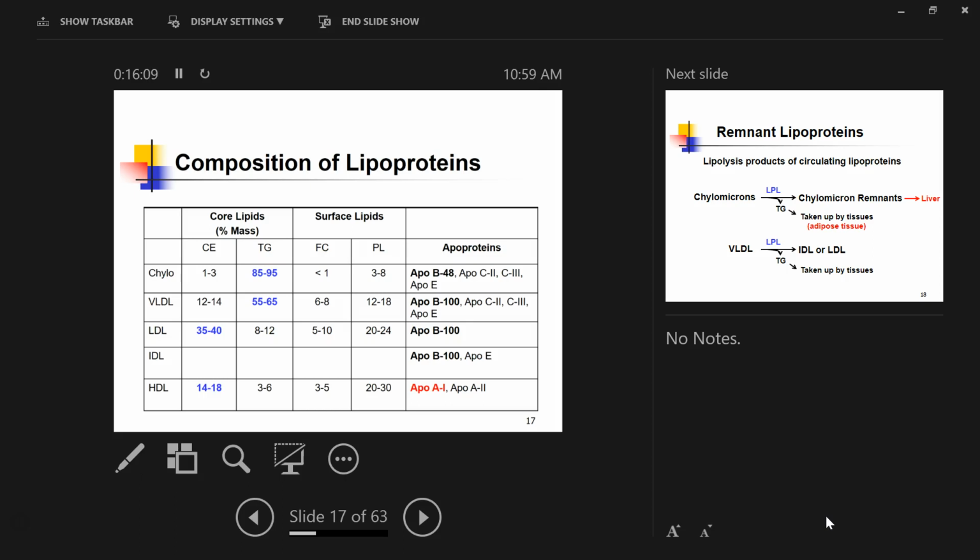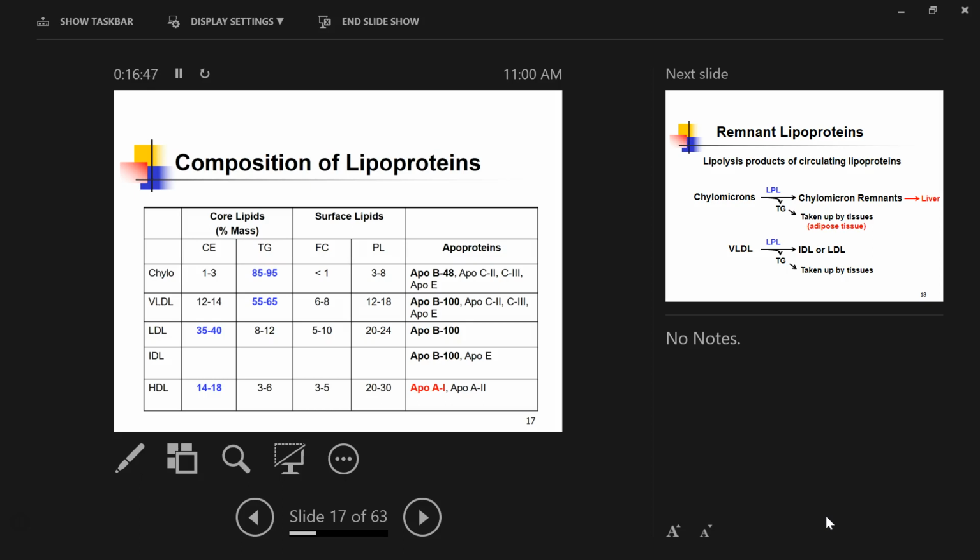For example, chylomicron contains 85 to 95 percent of core lipids as triglyceride, and VLDL contains 55 to 65 percent triglyceride. Only a relatively small percentage of lipids are cholesterol ester.